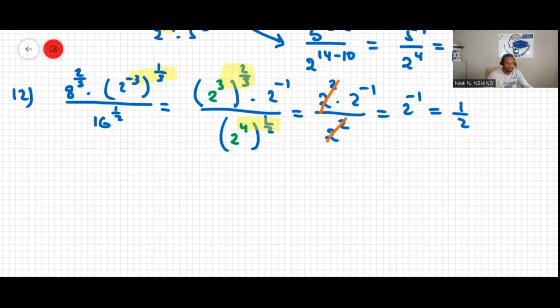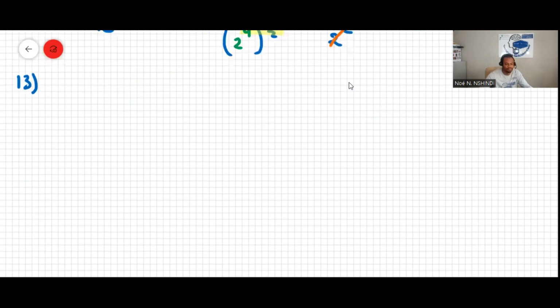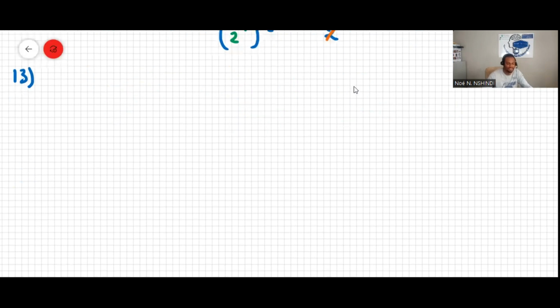And then we can do question 13. Question 13, what we have is 9 to the x minus 1 multiplied by 24 to the x plus 1, all over 27 to the x multiplied by 8 to the x.